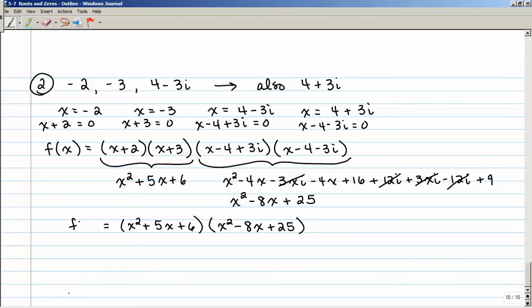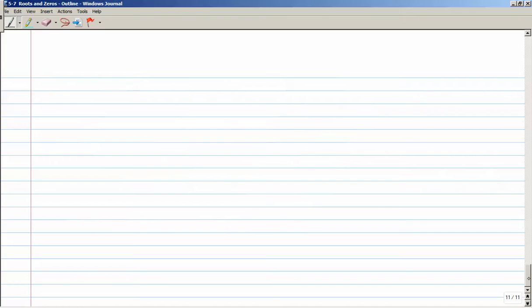and that's what f of x is going to equal. So again, I need to multiply all of that out. Let me give myself a little extra room here.